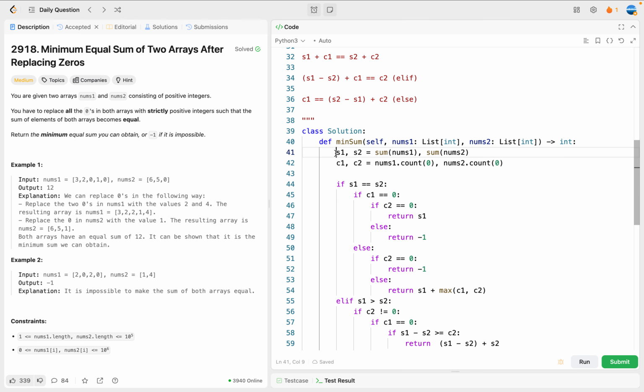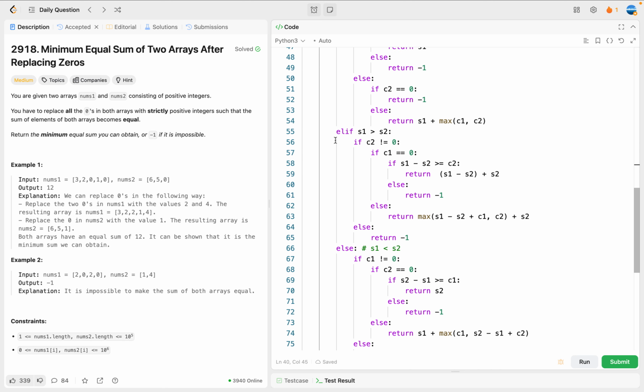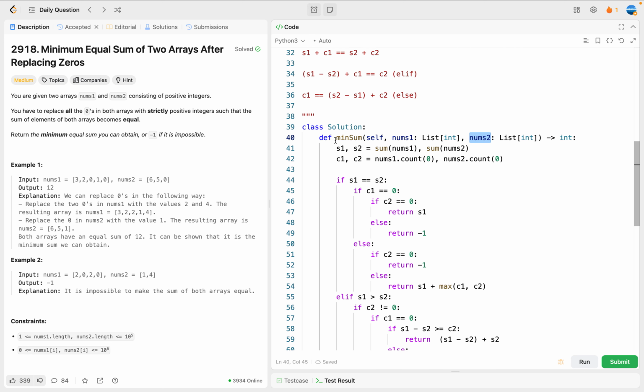Here we get a sum, and also this count of zeros. Together this is O of m plus n, where m is the length of nums1 and n is the length of nums2. The rest are just O(1) operations. So overall it will be O(n plus m), the lengths of the 2 lists.